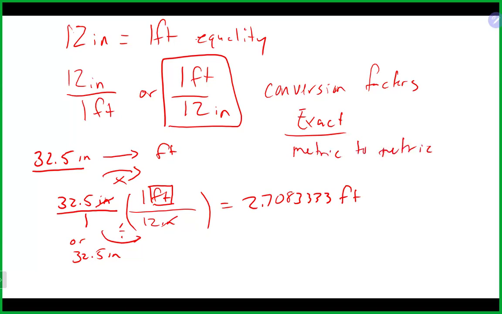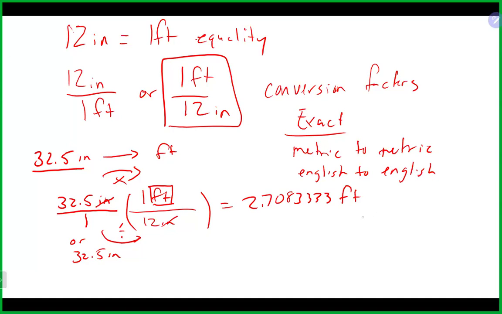So if you're using any type of metric to metric conversion, it will be considered an exact number. You don't have to worry about it in terms of the significant figures. If you're doing English to English or US to US, that is also always going to be considered an exact number, so you don't have to worry about it.